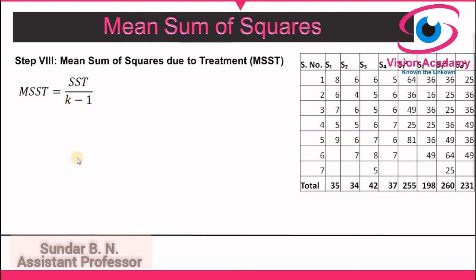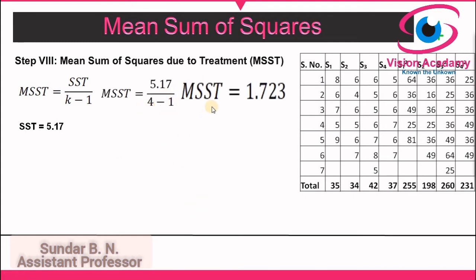SST we have already calculated, that is 5.17, and now we want to know K. As I keep saying, we have 4 schools in this example, that is S1, S2, S3 and S4. So K means number of groups. We have 4 groups here, so K is 4, 4 minus 1, and SST is 5.17, and 5.17 by 3 we will get MSST, which is 1.723.